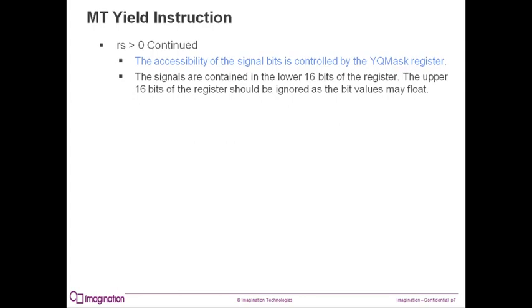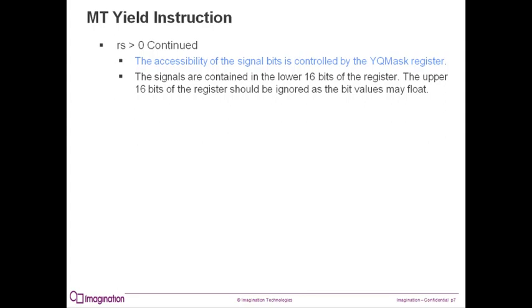As I have previously covered in the MT control register section, the YQ mask register enables a particular yield qualifier pin signal. So if the corresponding pin is not set, an invalid qualifier exception will be generated and the OS then can decide what to do with the thread. There are only 16 pin inputs, so only the lower 16 bits of the YQ mask register are used.